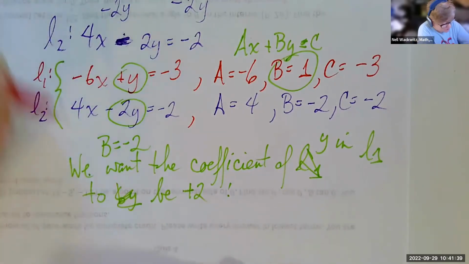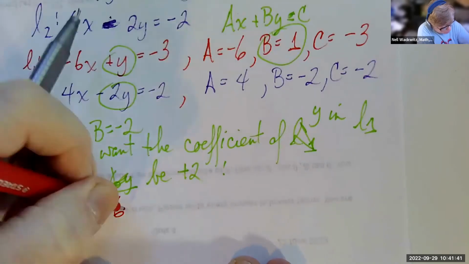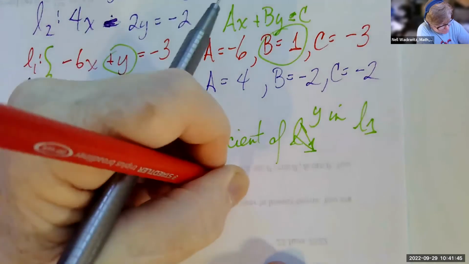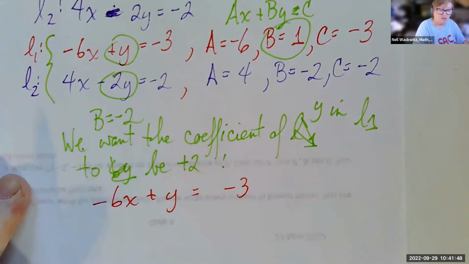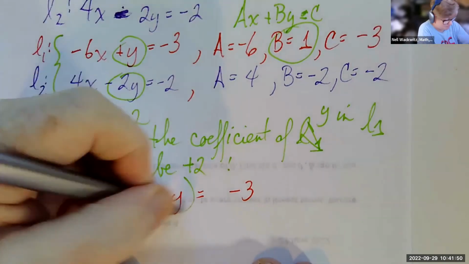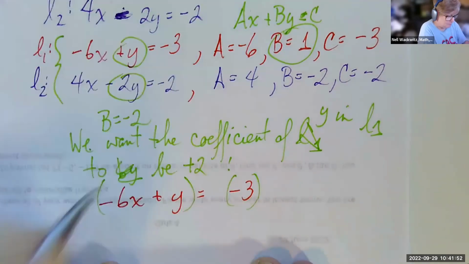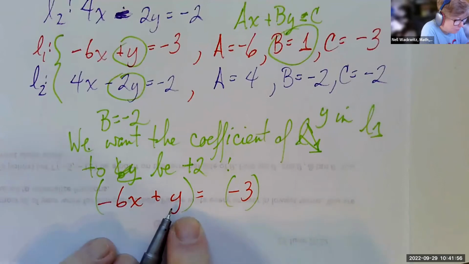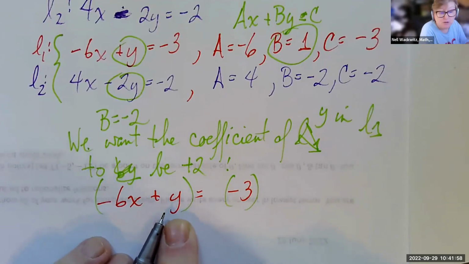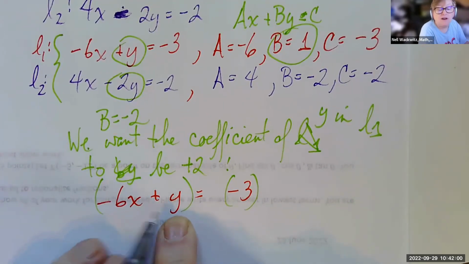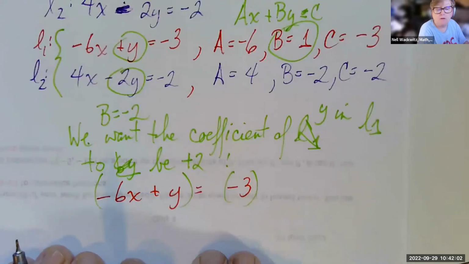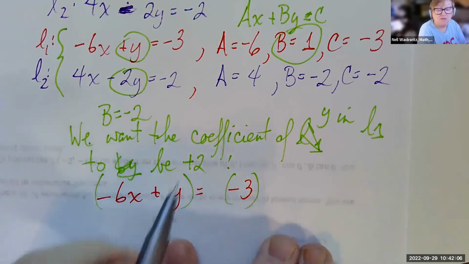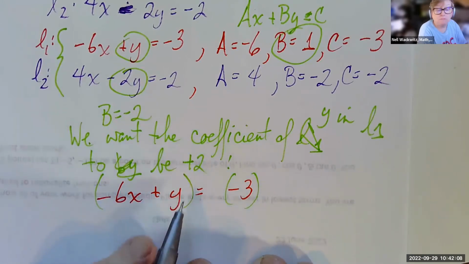Okay. So we've got negative 6x plus y equals negative 3. If we want the coefficient of y to end up being positive 2, what do I need to multiply by? 2.